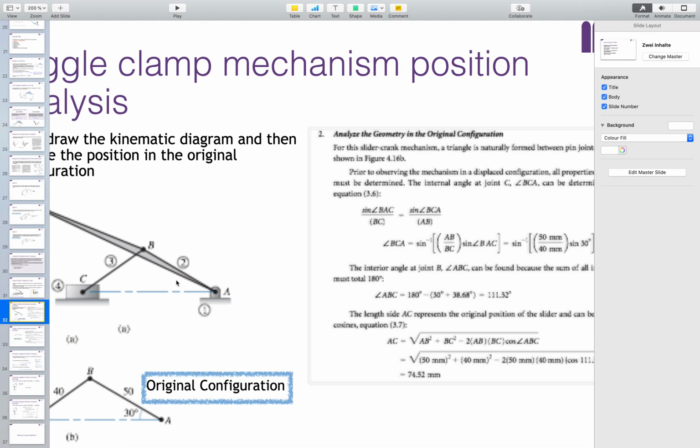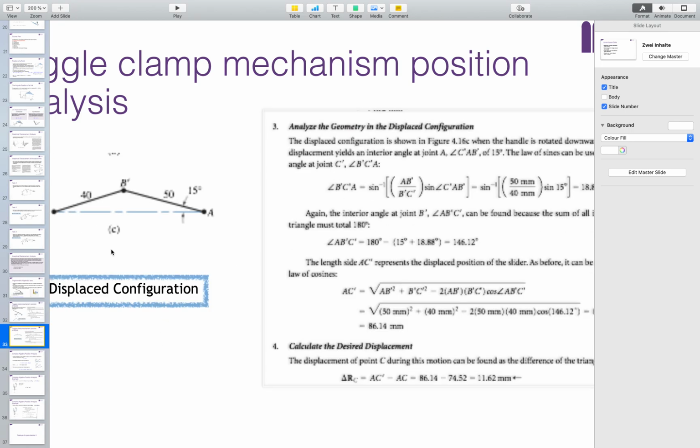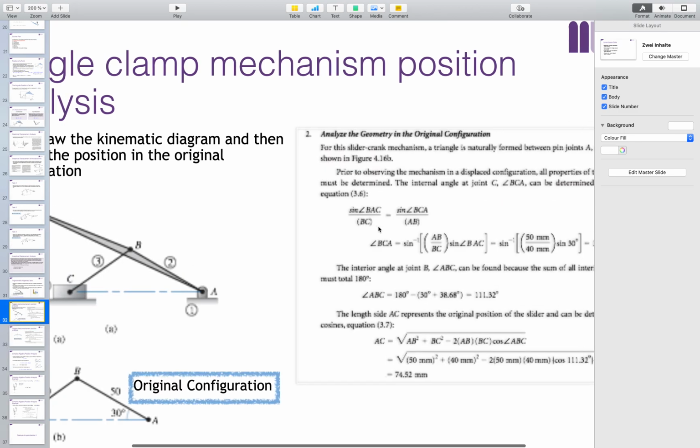I know this angle, and I know AB, and I know BC, so these are known. What is not known is BCA, because BAC is the original configuration plus the displacement. I know that now it's 15. You can use this formula.